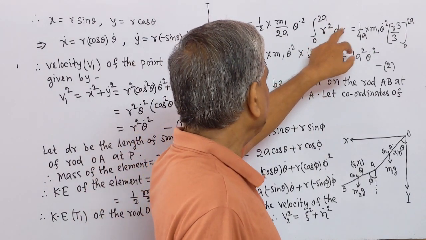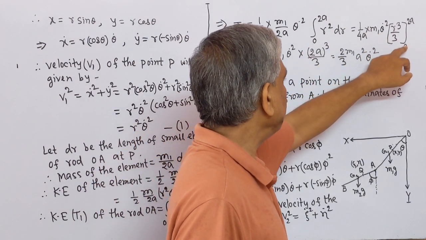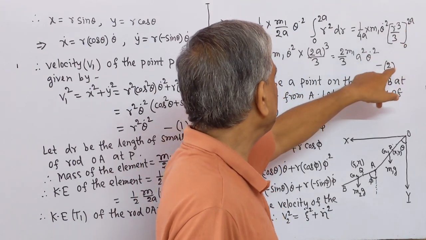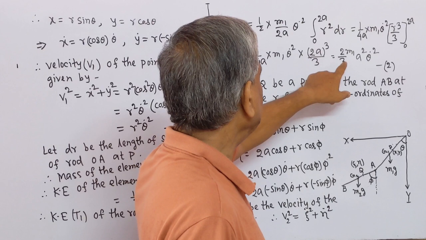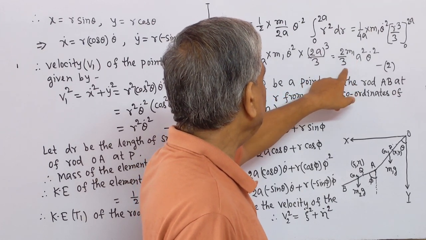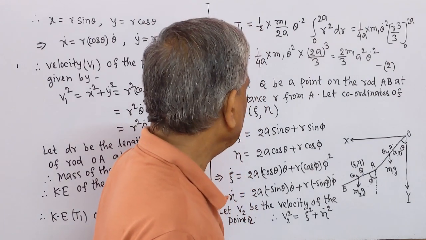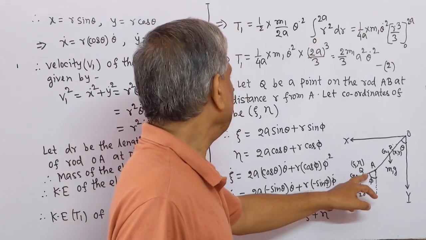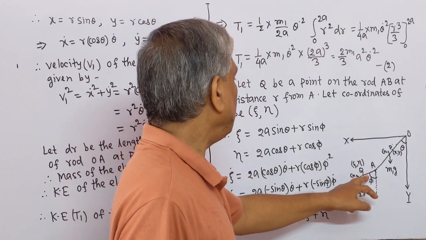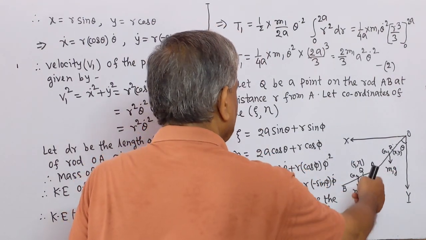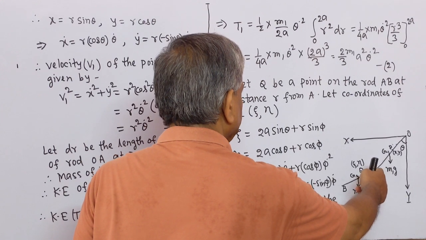The integration of r square is r cube by 3, with limits 0 to 2a. Putting in the limits, we get T1 equals 2 M1 by 3 a square theta dot square. This is number 2.